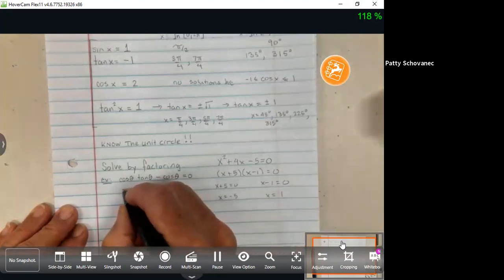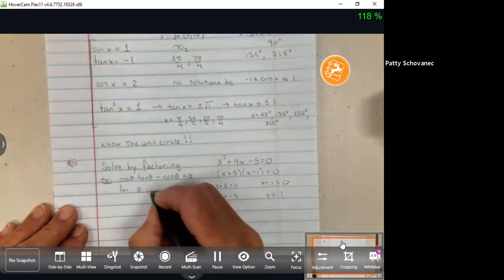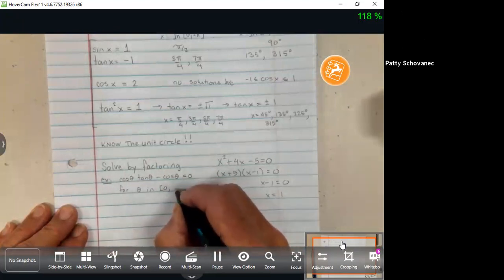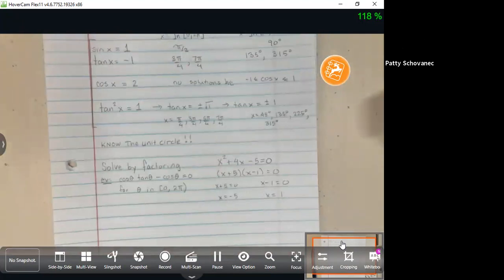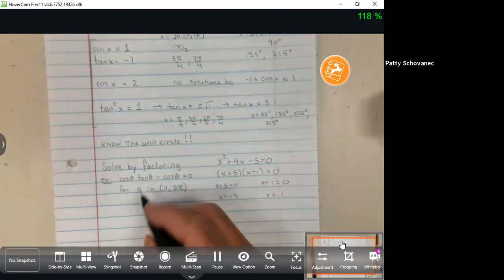And I want those thetas in the interval in radian measure between 0 and 2 pi. One lap around the unit circle. And the hint is we're going to solve this by factoring. I'm subtracting 2 terms to get 0. And there's a common factor in the 2 terms. There's a common factor of the cosine of theta. So I'm going to write it like this. I'm going to pull out the common factor.